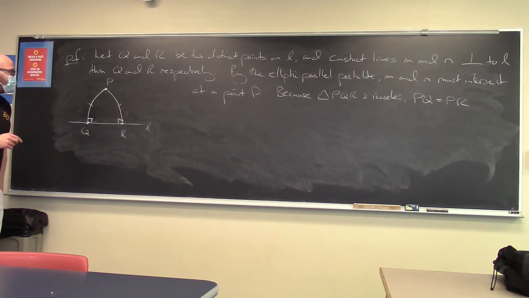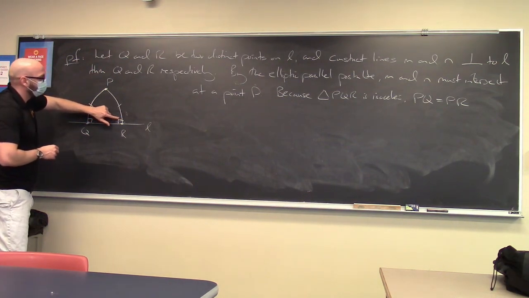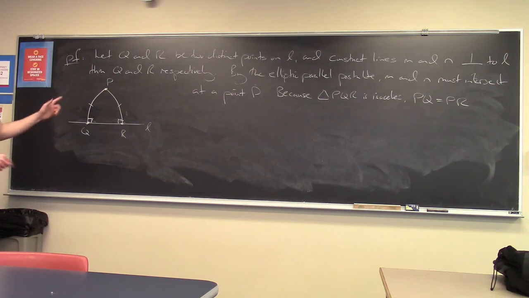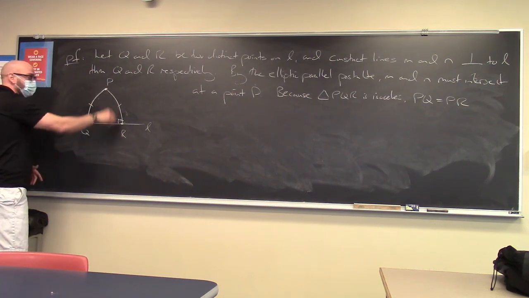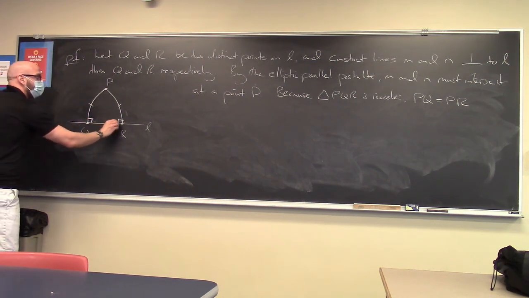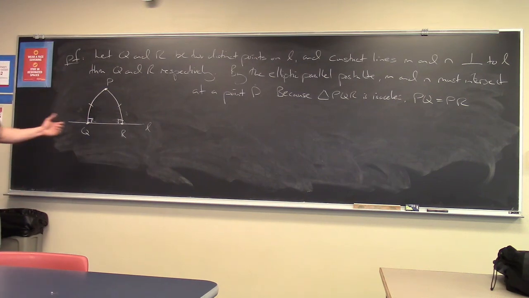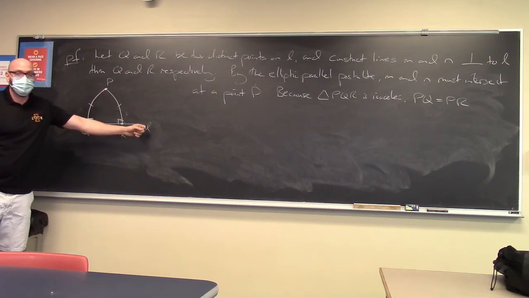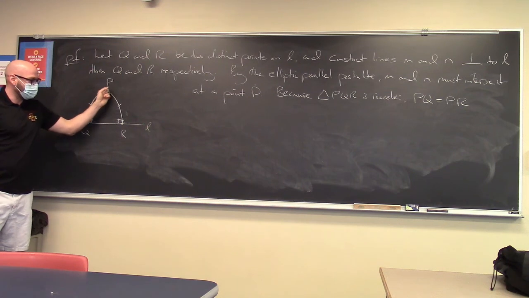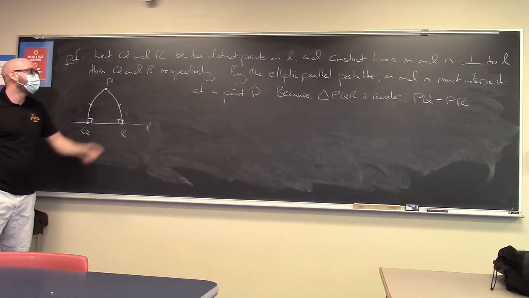And now this will take some convincing. There's one more thing I need to do: I've proven that P is the same distance from Q as it is from R. Both of these lines are right angles. But to be a pole, it has to be the same distance from every point on L, and when I draw the line from P to every point on L, I should get a right angle.